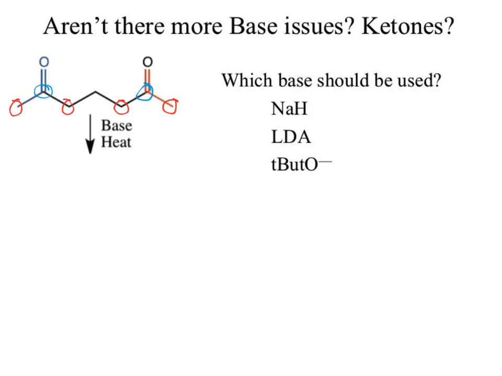So, multiple nucleophiles, multiple electrophiles. What should we try to do? Pick a nucleophile. Which one? 1, 2, 3, 4. 2. Is there anything just like 2? 3, which means I can ignore 3.